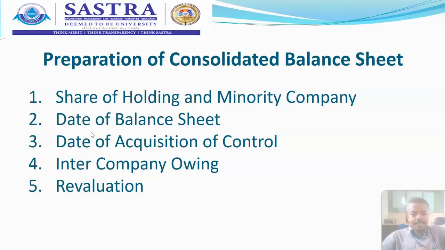The relationship establishes only when a company acquires more than 50% of the shares. Such shares may be acquired at a market price. It may be at a premium or at a discount, which means it may be above the face value of the share or below the face value of the share.